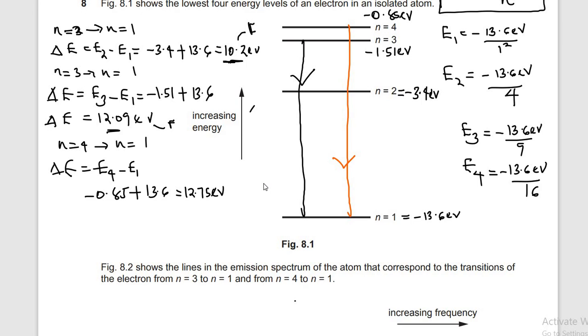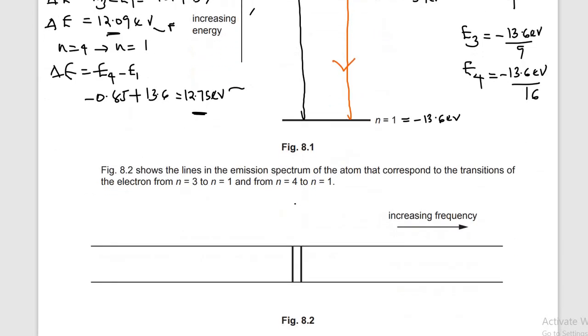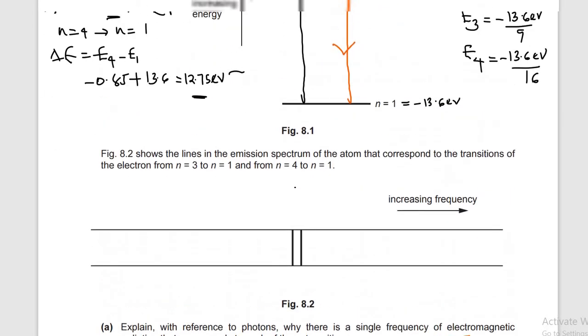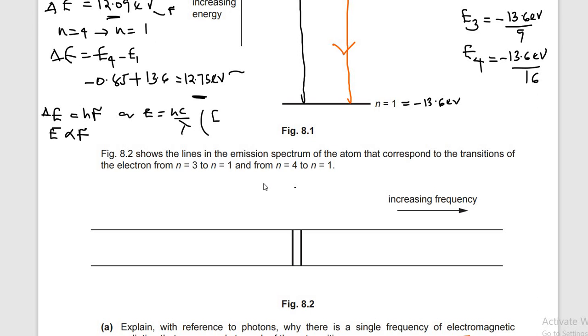The difference in energy level gives us a single photon of energy which corresponds to a particular frequency. Don't forget that energy is equal to hf, so energy is proportional to frequency, or energy is hc over lambda, so energy is inversely proportional to wavelength.